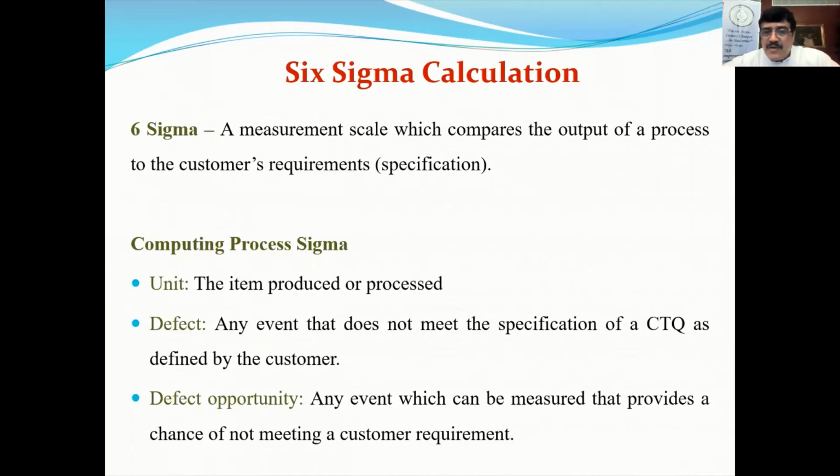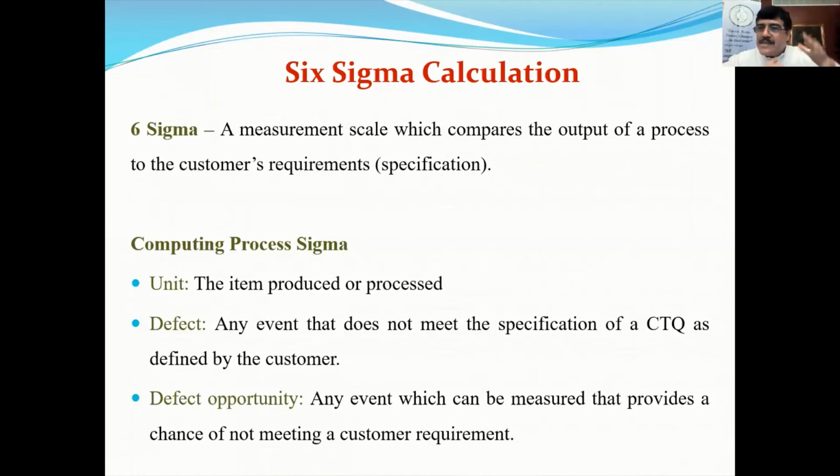And let's start with some definitions. Let's start with computing a process signal. You need to know what a unit means. If you're producing parts or units, it's basically the item being produced. Whether you're producing coffee, service, dentures, or a graduate from your technical college, these are all product.